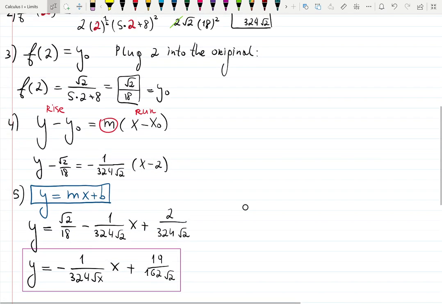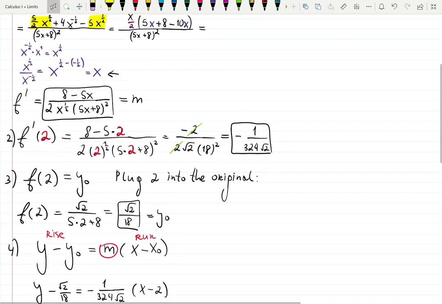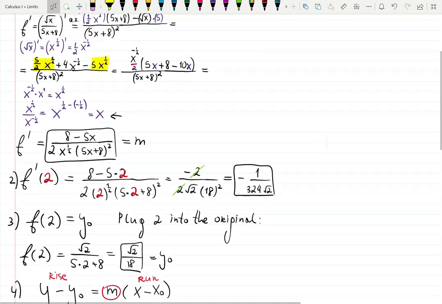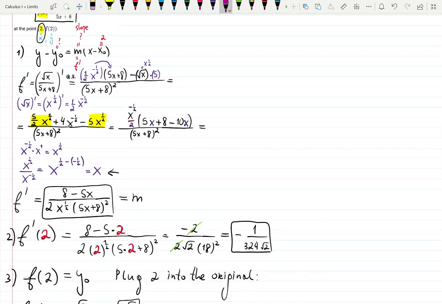So how did you like that? Hopefully it was not too bad. I have one recommendation to make at the very end. To be honest, we did not have to simplify all of this. This step sometimes is a little bit too extra because technically speaking, we just needed to plug in 2. So why not just plug it over here? This was the derivative, right? We found a derivative.